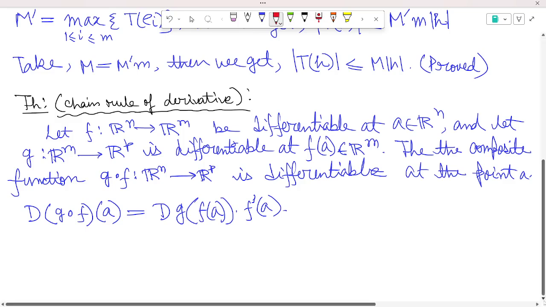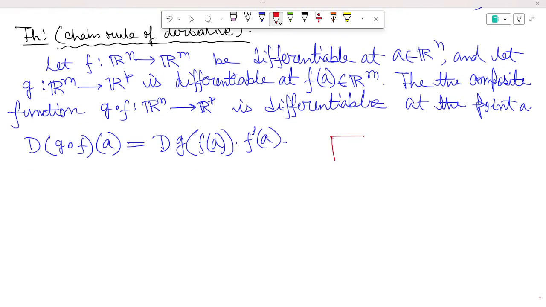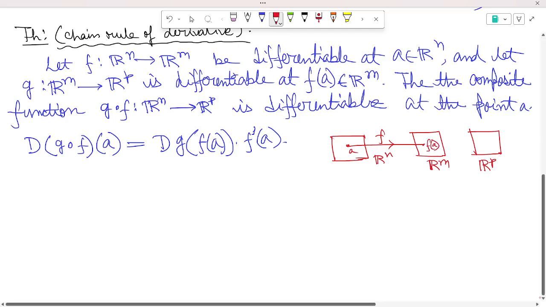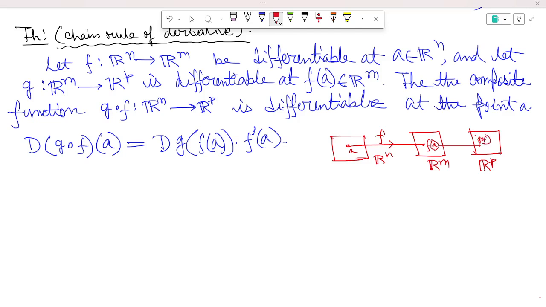So there is some picture. Suppose it is Rn, Rm, Rp. a is a point. I apply f and I get f(a). I apply g. What will I get? g compose f(a) or g of f(a).